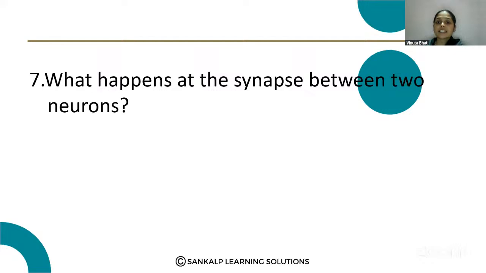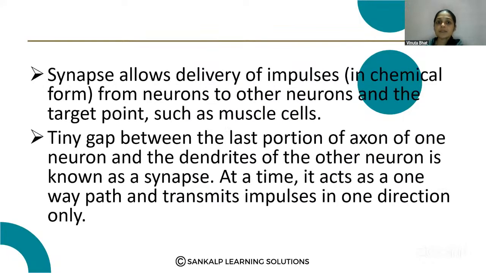What happens at the synapse between two neurons? Let's read the question. Synapse allows the delivery of impulses in a chemical form. The impulses transmit in chemical form from neurons to other neurons and target points such as muscle cells.